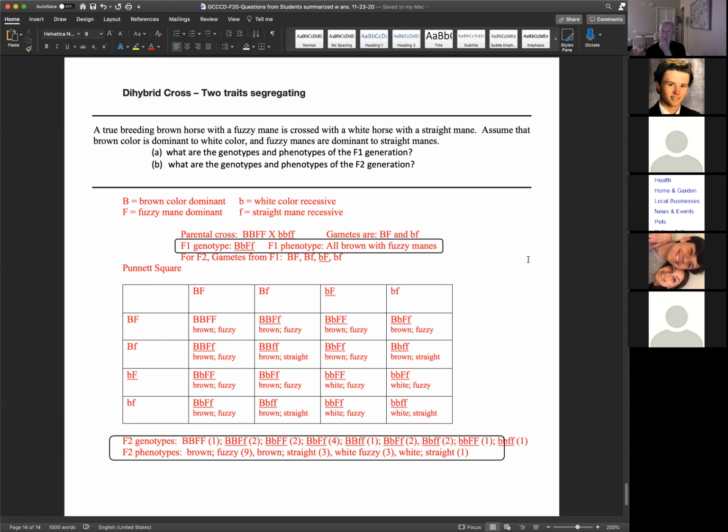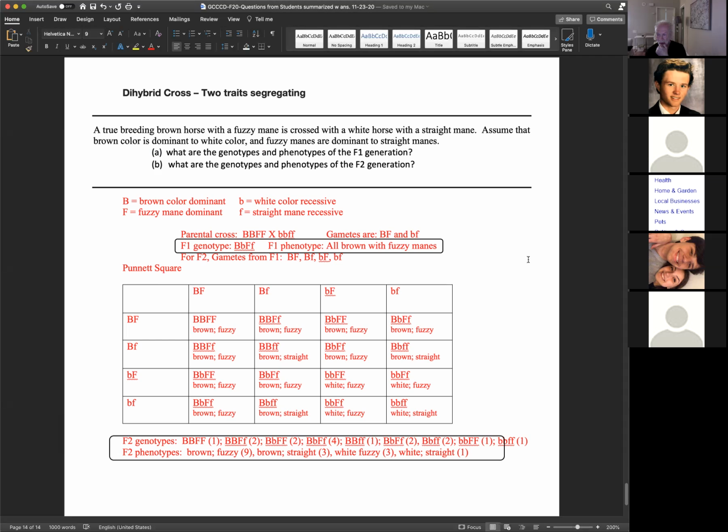Codominance, they both are dominant. They're sharing dominance, so both colors appear at the same time in the same individual. Okay.